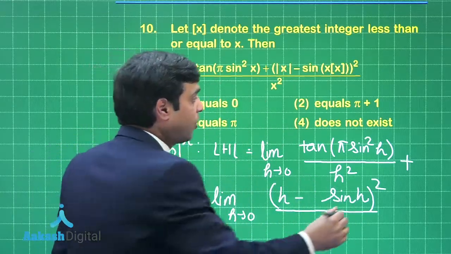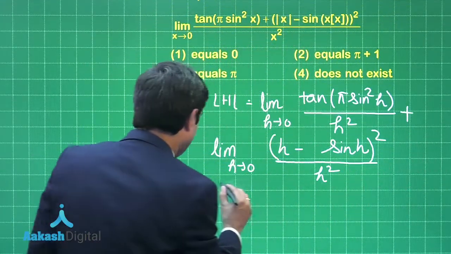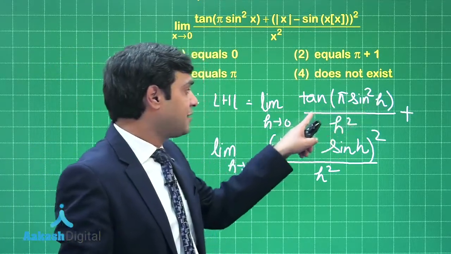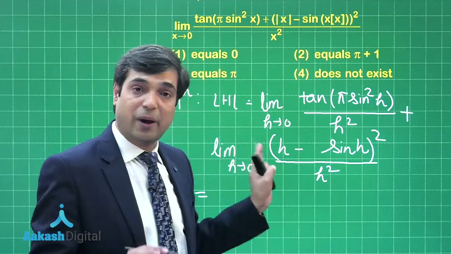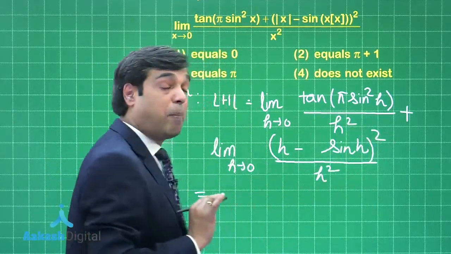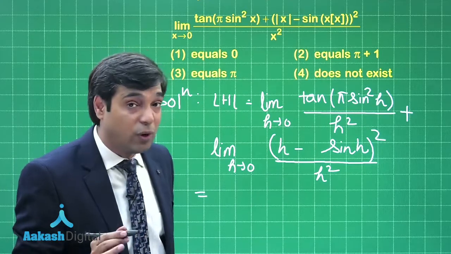This is clear. Now, on expanding it, you can see tan(pi sine square h) is a 0 by 0 form, right. So, here you can multiply and divide by pi sine square h. What is the result?